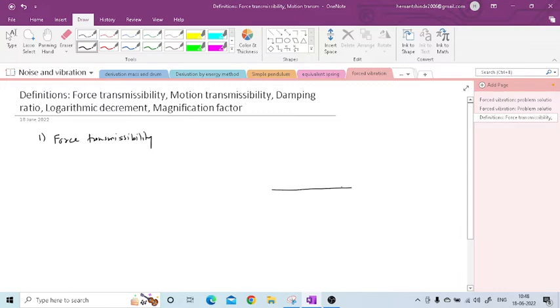Consider there is one support. On this support, there is another system having mass, spring and damper.